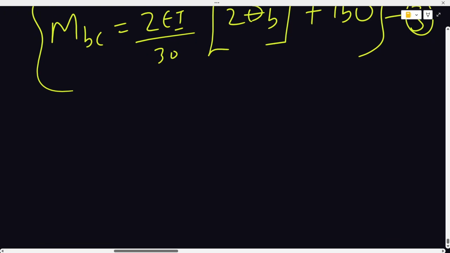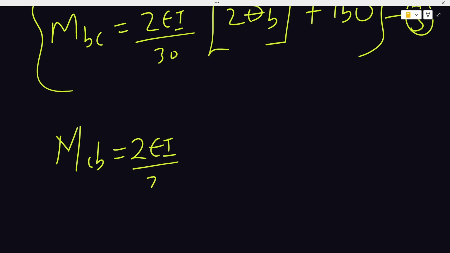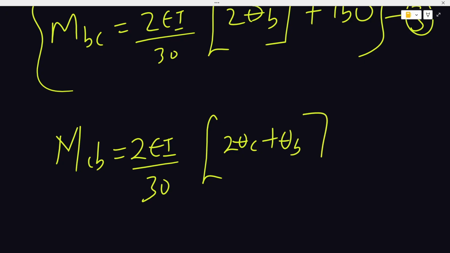Now similarly, MCB gives me 2EI over 30, 2 theta C plus theta B, sinking is 0, plus minus 150. I mean, this time it is now a clockwise moment, if you remember.